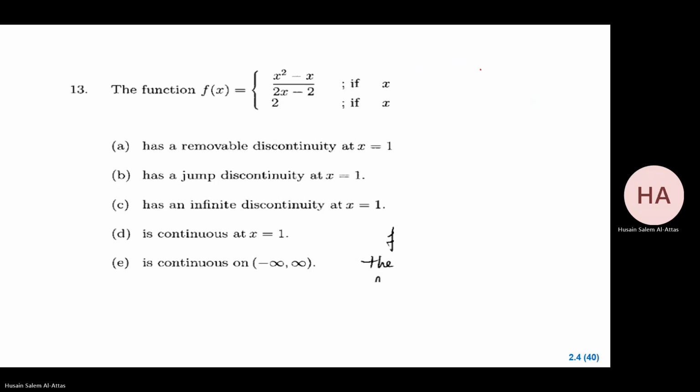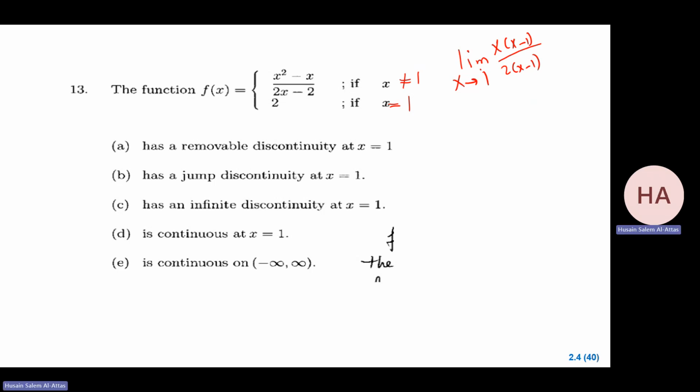Let me check. The limit as x goes to 1 of x minus 1. So this is x not equal to 1, and this is x equal 1. That will be the problem.